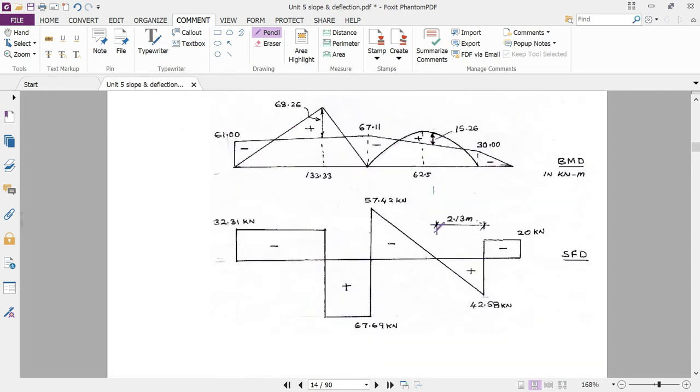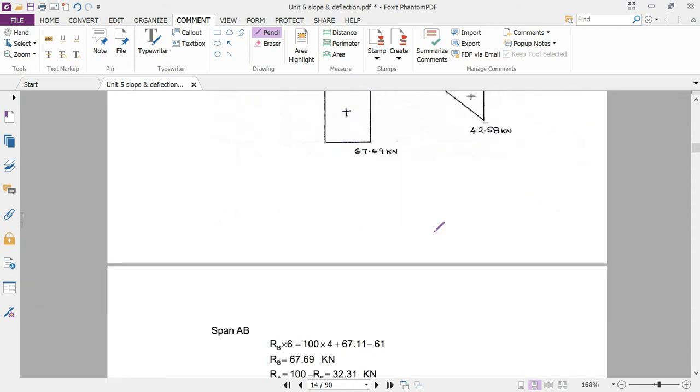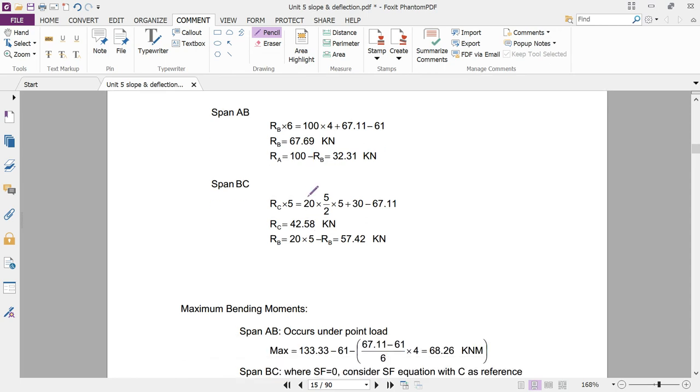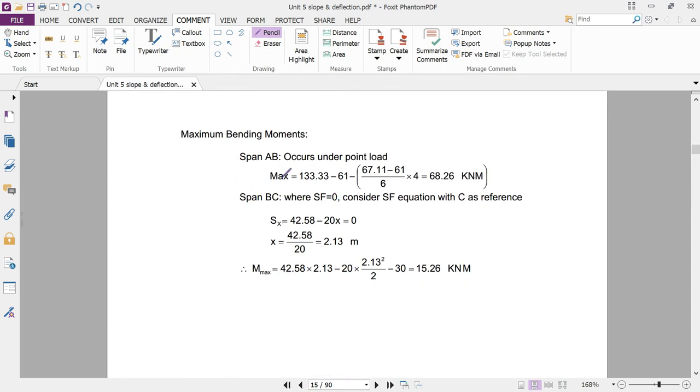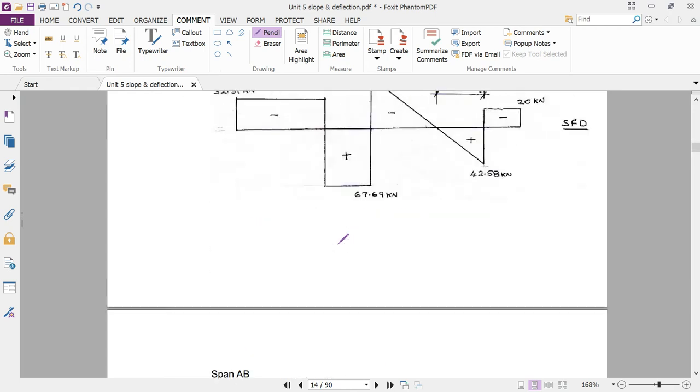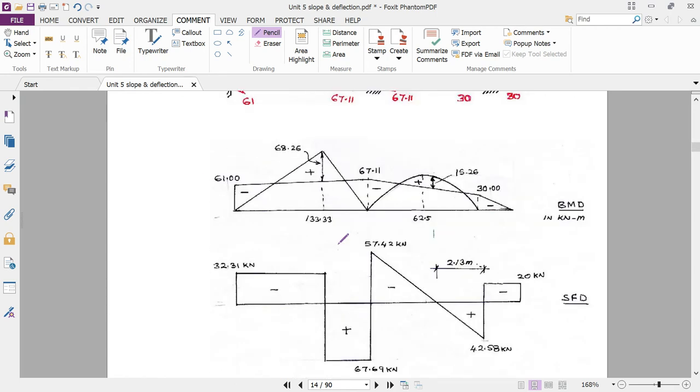So this is a typical example of the slope deflection method. The calculation part is given, and this is the maximum bending moment. You can obtain this maximum bending moment.